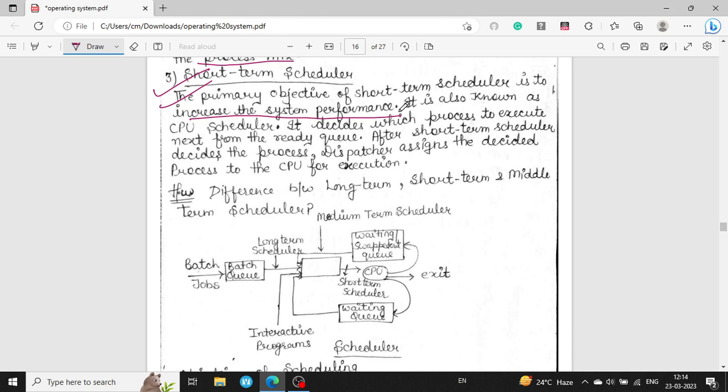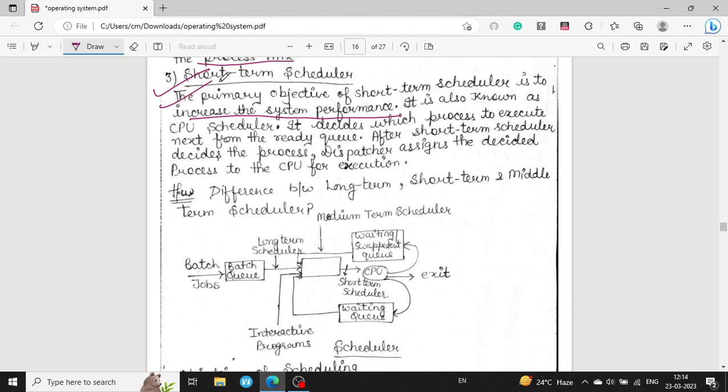What is the main objective of the long-term scheduler? To maintain a good degree of multiprogramming. And what is the main objective of the medium-term scheduler? To swap out processes from main memory to secondary memory so that main memory can be freed up when it is required.